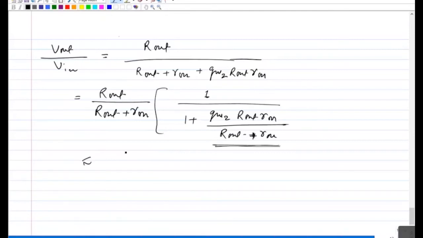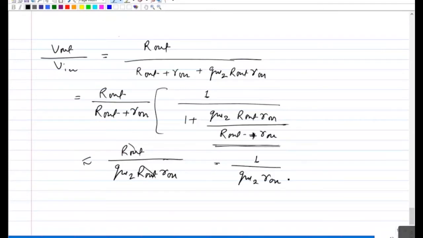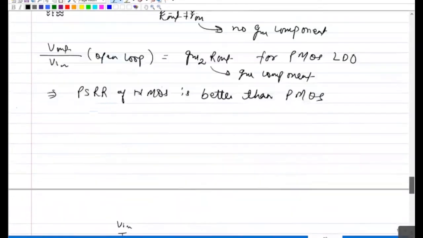So approximately you can say R out divided by GM2 R out RON, and this cancels out, and what you get is 1 over GM2 R1. So this is just an approximation.